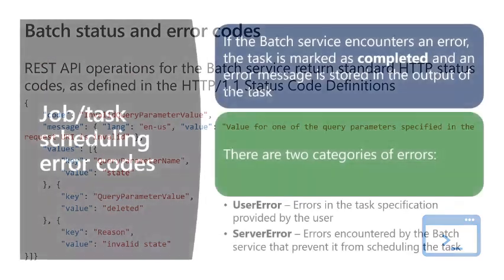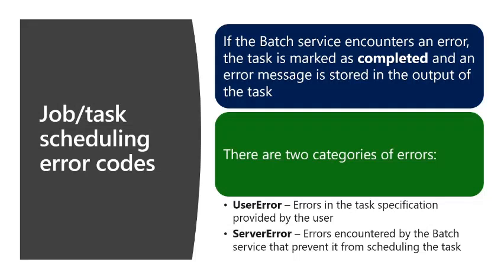You can have some error codes. You have some predefined user errors and server errors. If the batch service encounters an error, the task is marked as complete and an error message is stored in the output of the task. So once you have created many parallel tasks, if any task throws an error, it is just marked as completed and the error message is stored in the output of the task.